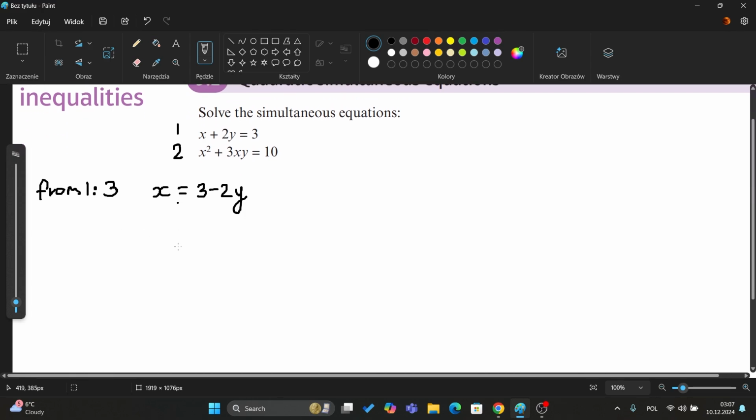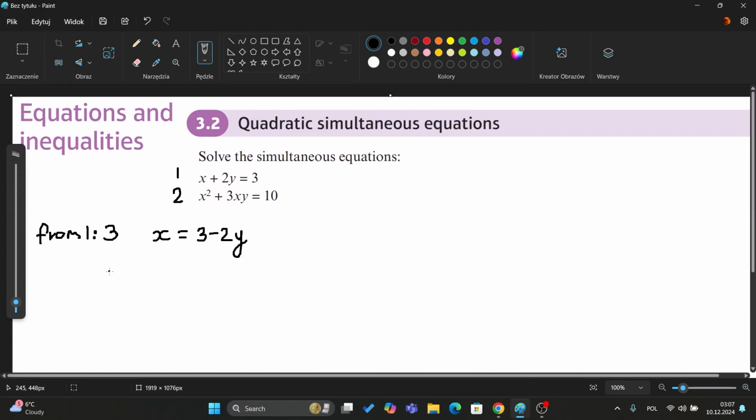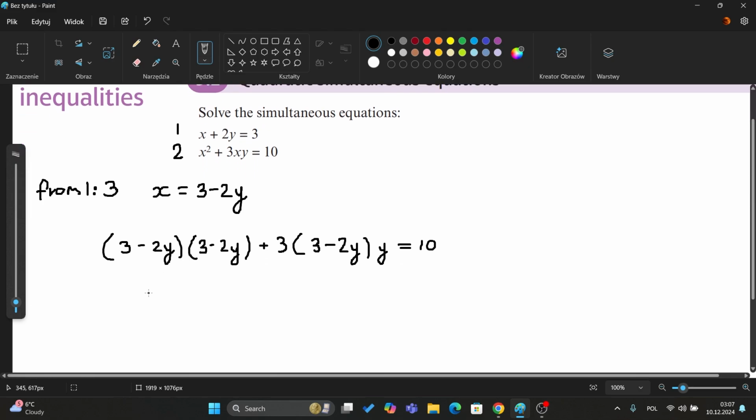And what we can do is use our equation 2, where x squared is going to be (3 minus 2y) squared, so that it will be 2 times that, plus 3, replacing the x again, and y, equals 10. So now we're going to tidy this up.